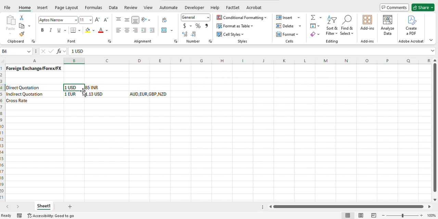So base currency is USD. So when you see any rates defined in terms of USD, that would be direct quotation. But if the rate is quoted in the form of local currency, any currency other than USD, that would be indirect quotation.